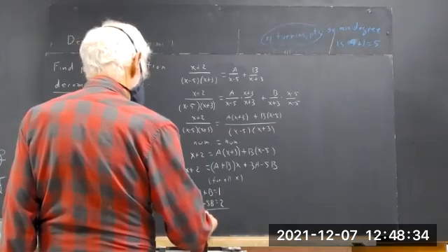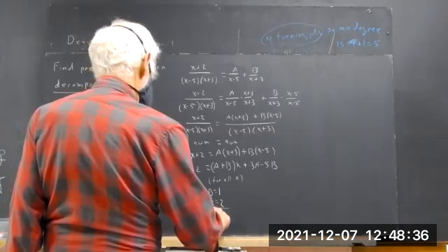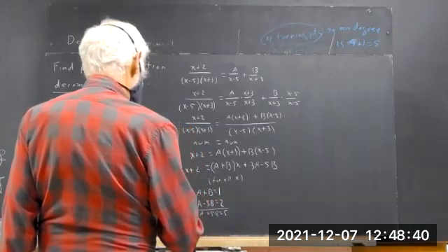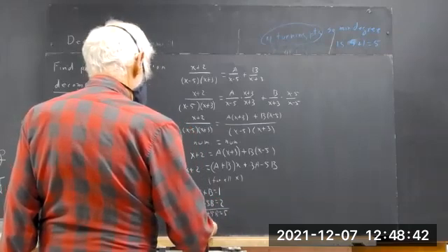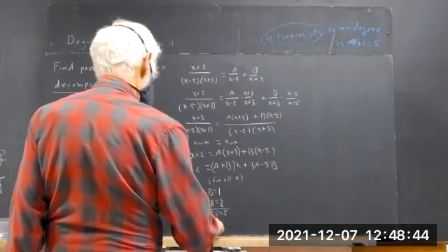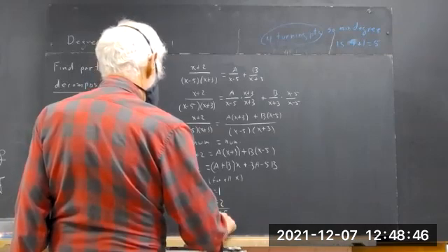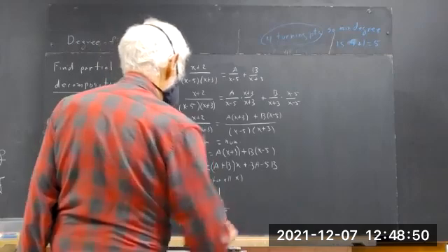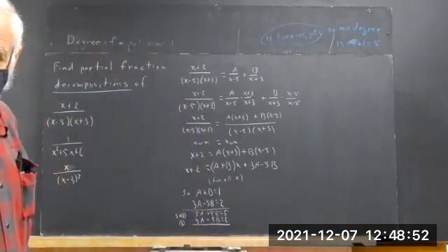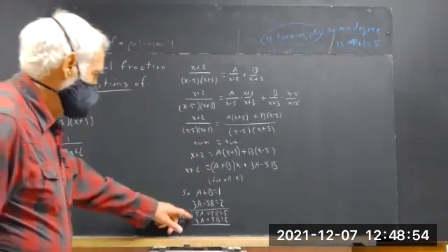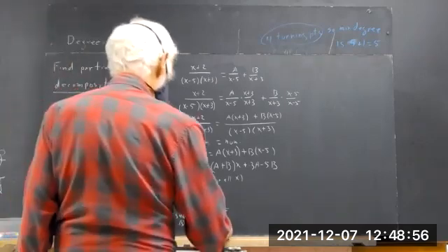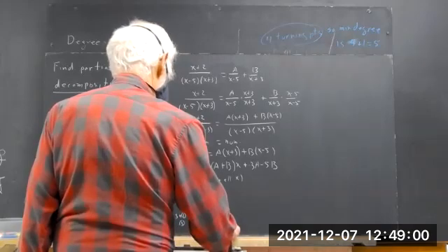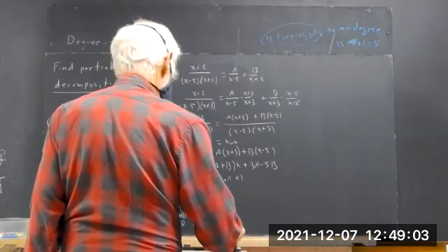5 times the first equation gives us 5a plus 5b equals 5. And the second equation is just 3a minus 5b equals 2. And now we can add the two equations and we get 8a equals 7.